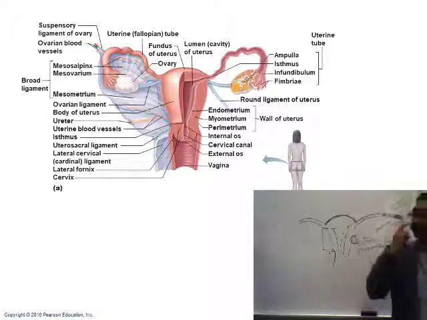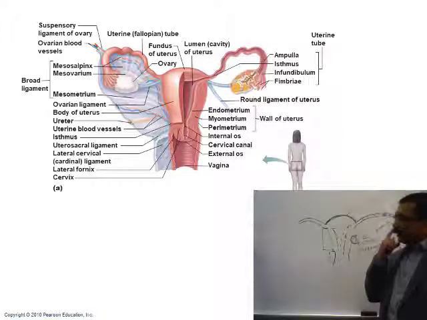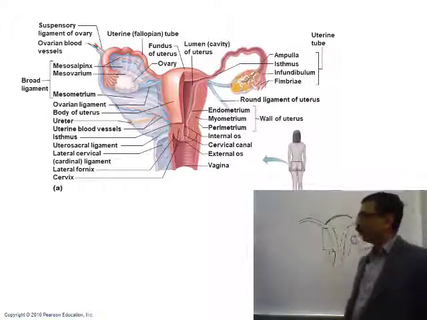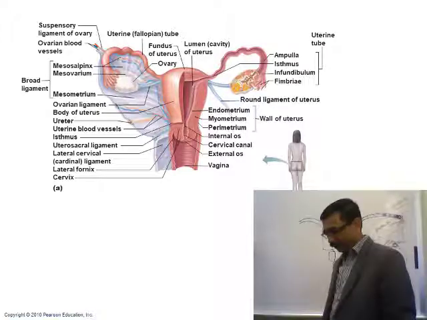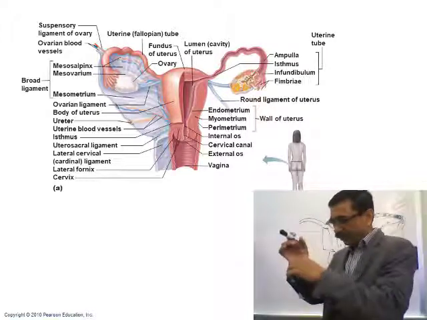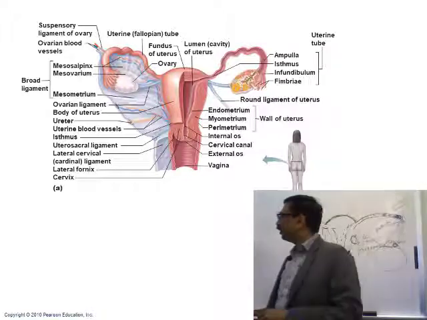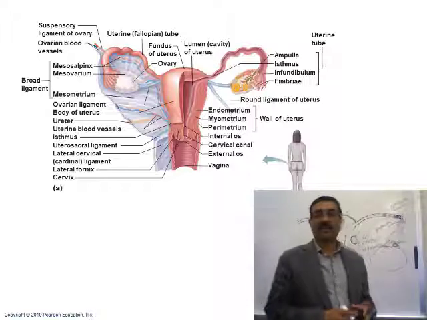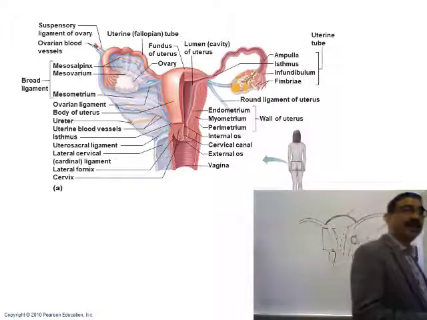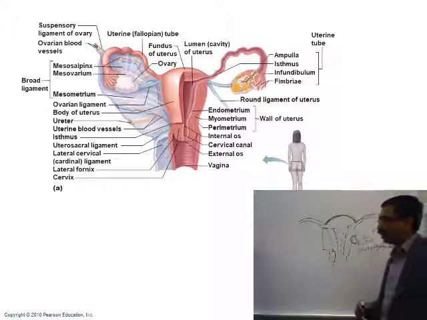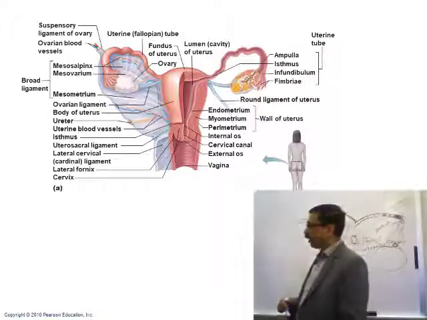So the cervical canal has two mouths, or kind of constrictions. The upper one is called the internal os. The lower one is called the external os. Internal is the upper, inner one. External is the lower or outer one.